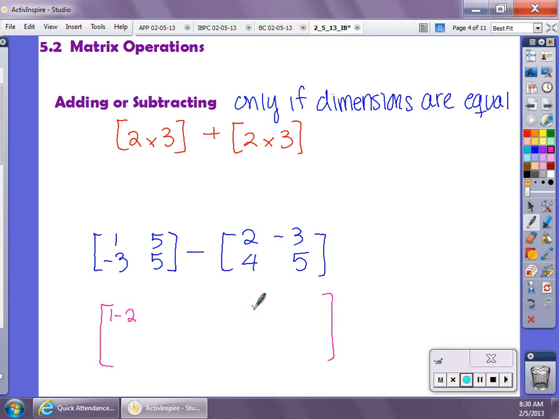My second element would be 5 minus negative 3. My third element down here would be negative 3 minus 4, and then this element would be 5 minus 5. Piece by piece, element by element, okay? So basic stuff, adding or subtracting. Scalar multiples is the other thing that I don't put up here, but if there's a big old 5 in front, then the whole matrix, the first matrix, would be multiplied by 5, okay?